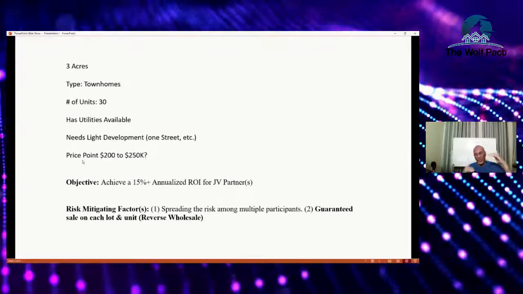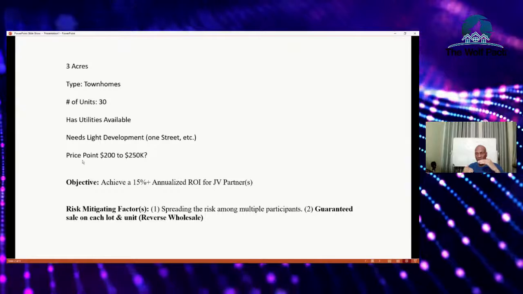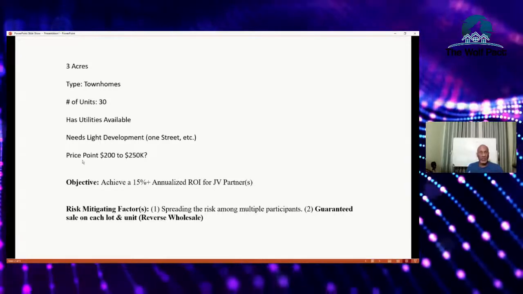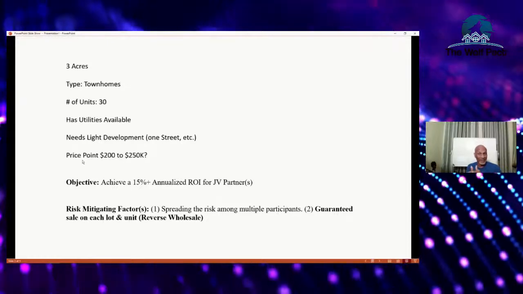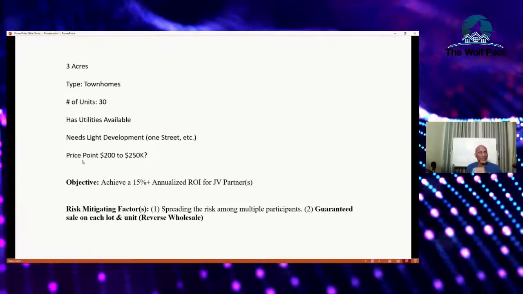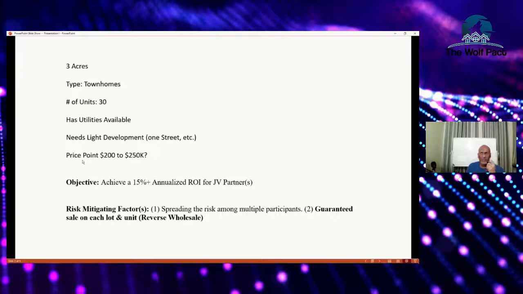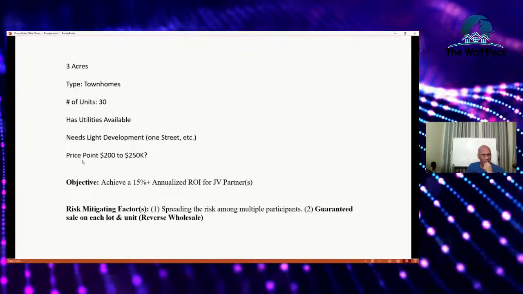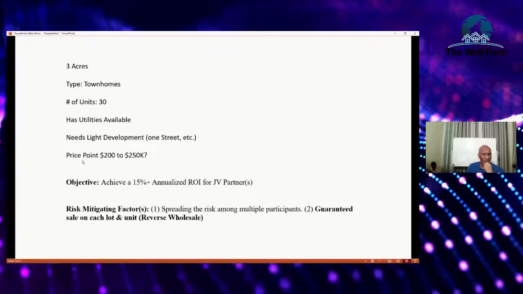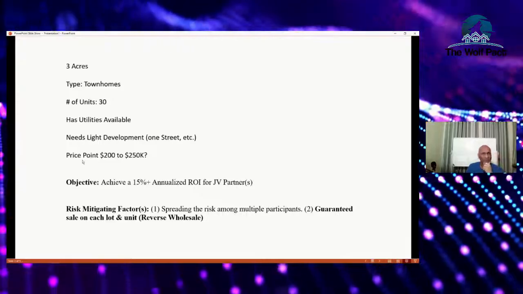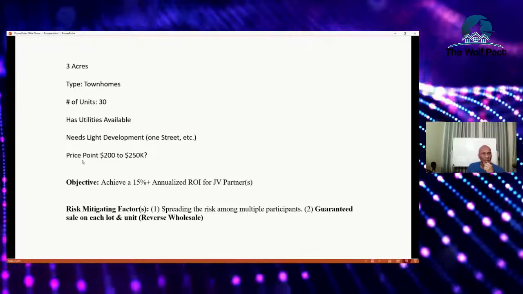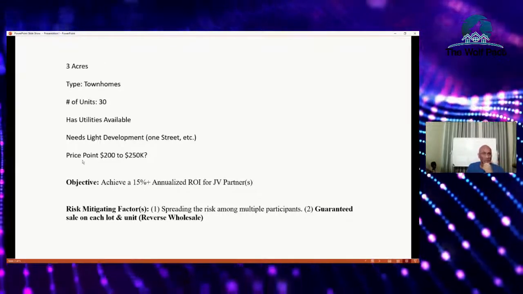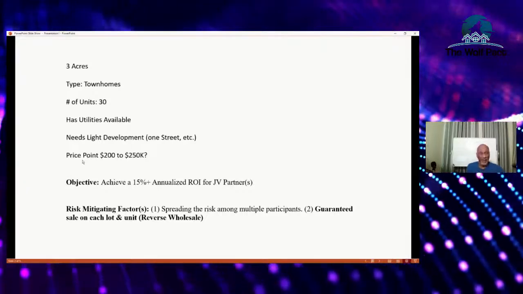So although we have 500 to 1,000 people that may want to buy these particular townhomes, maybe 10-20% of them will qualify. So if we have 250 people or 300 people interested, we can look forward to 10% actually qualifying.